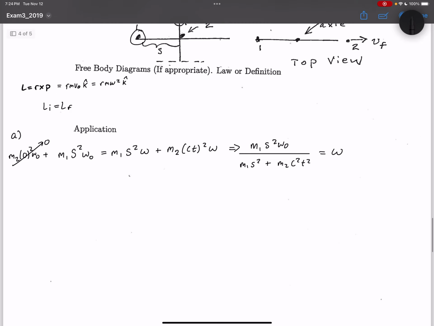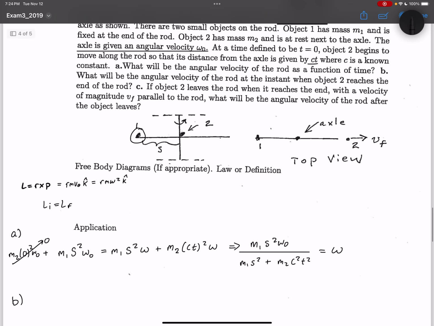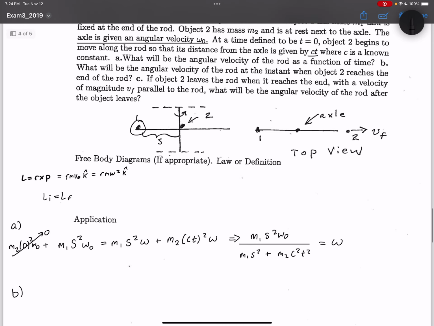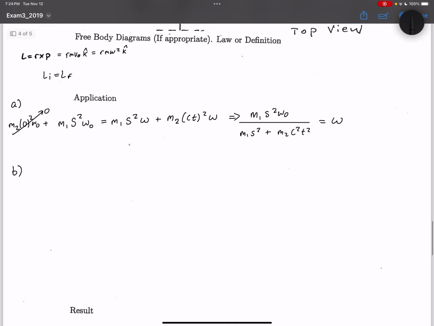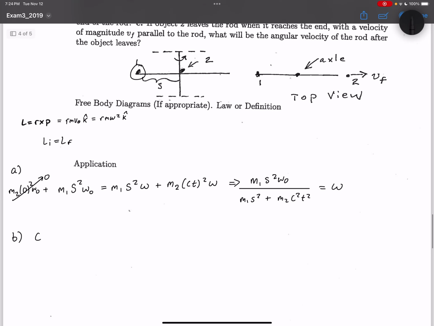Part B is asking what the angular velocity of the rod will be at the instant when object 2 reaches the end of the rod. ct is the rate at which mass 2 moves along the rod.